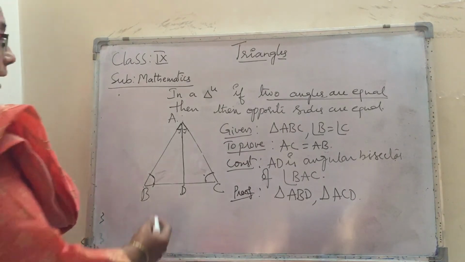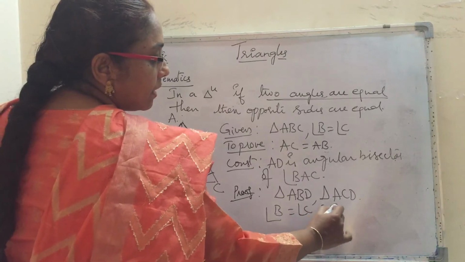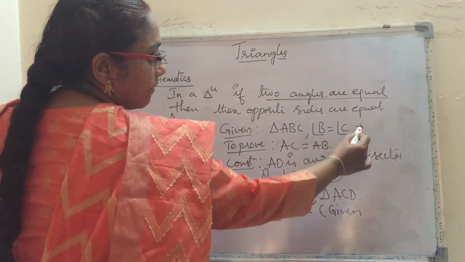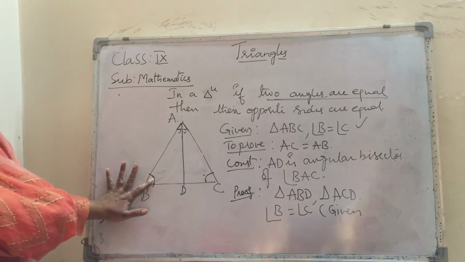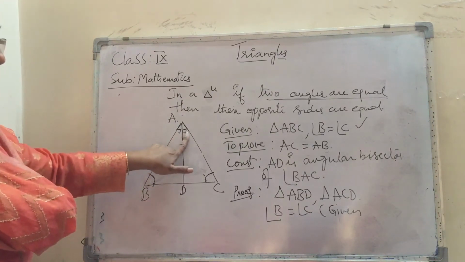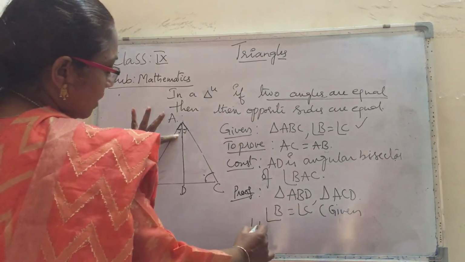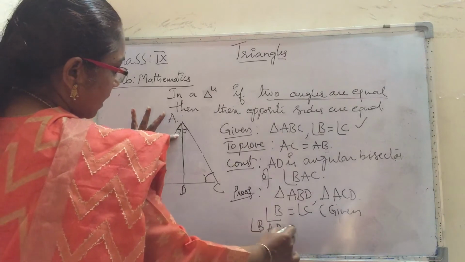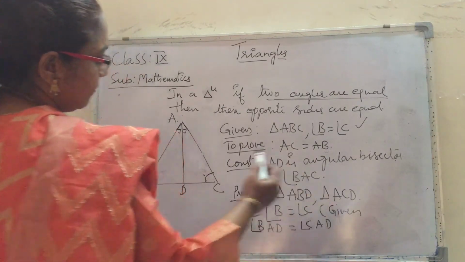Now here angle B and angle C are equal, from the given. That is the only given part. The given part is that these two angles are equal in these two triangles. And what is the other one? These two are also equal by construction: angle BAD is equal to angle CAD.